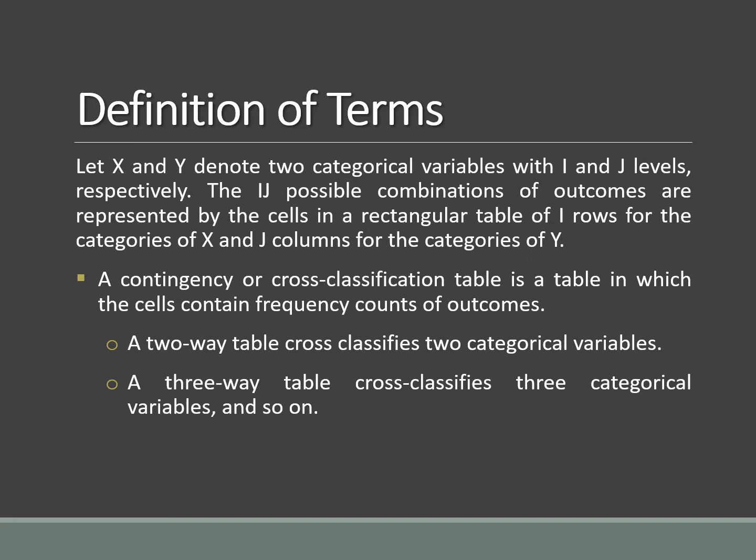Here, we will have a contingency or cross-classification table, a table in which each cell contains frequency counts of those outcomes. A two-way table cross-classifies two categorical variables, a three-way table cross-classifies three categorical variables, a four-way table four variables, and so on.